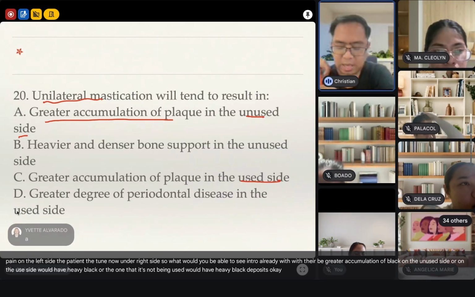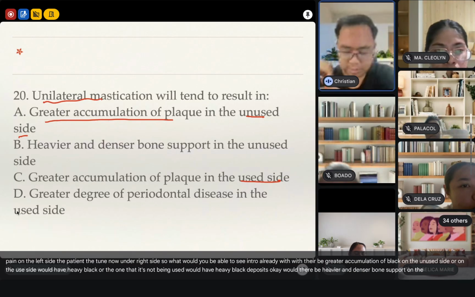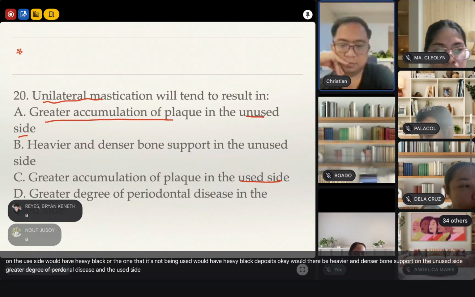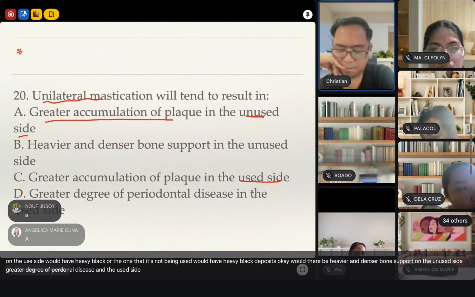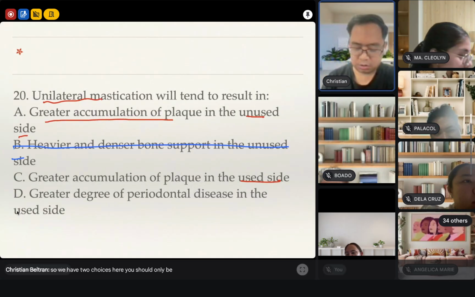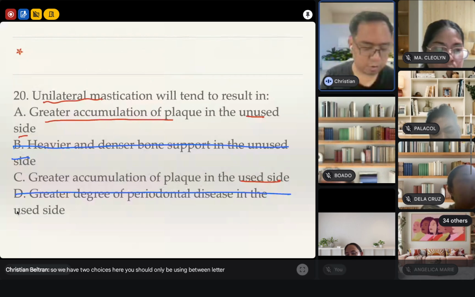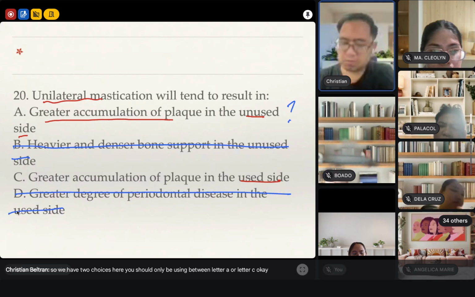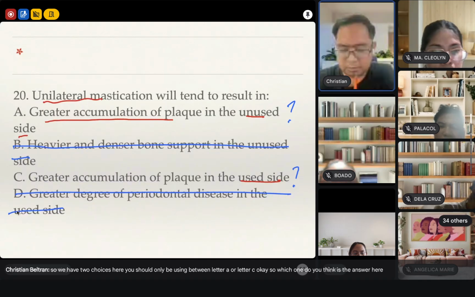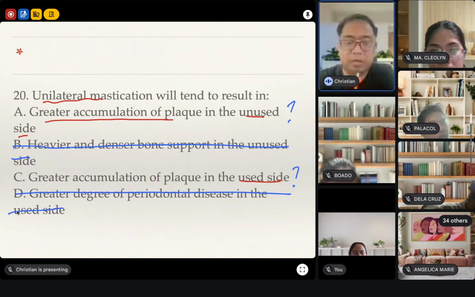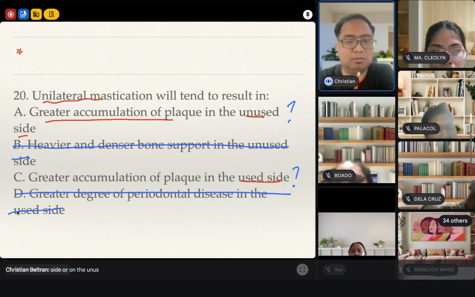Would there be heavier and denser bone support on the unused side? Greater degree of periodontal disease on the used side? So we have two choices here. You should only be choosing between letter A or letter C. So which one do you think is the answer here? More deposits on the used side or on the unused side?